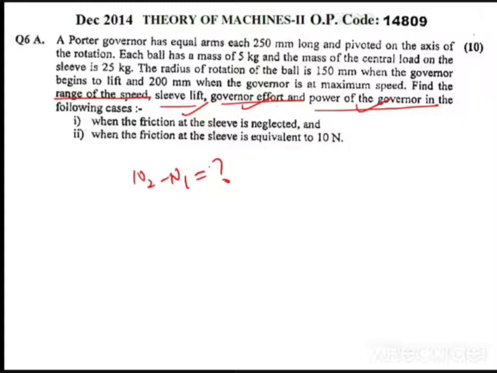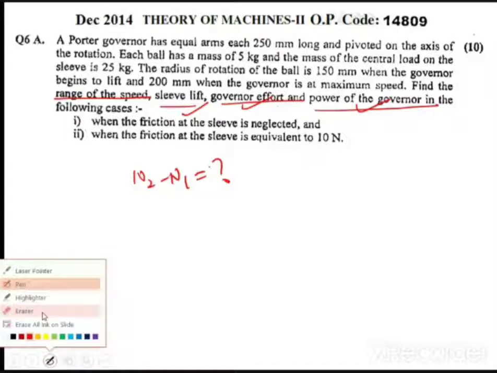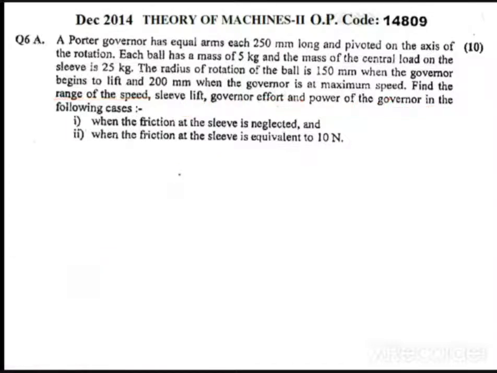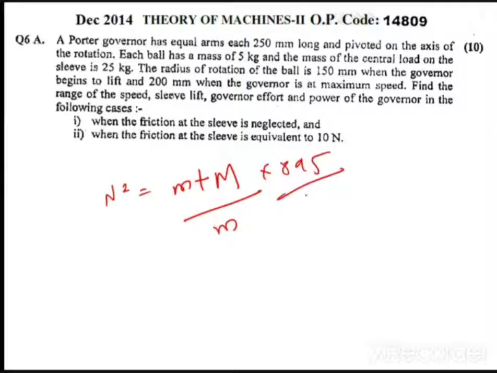One, the friction at the sleeve is neglected, and the other, the friction is equivalent to 20 Newton. Till now you all know that when the friction is neglected, the formula is N squared equals (m plus M) divided by m, into 895 upon h, if q is equal to 1.